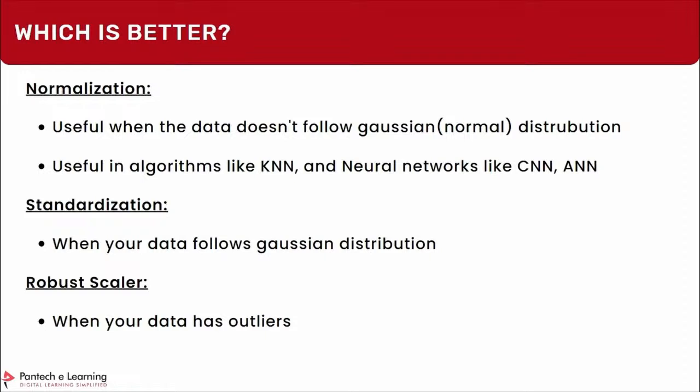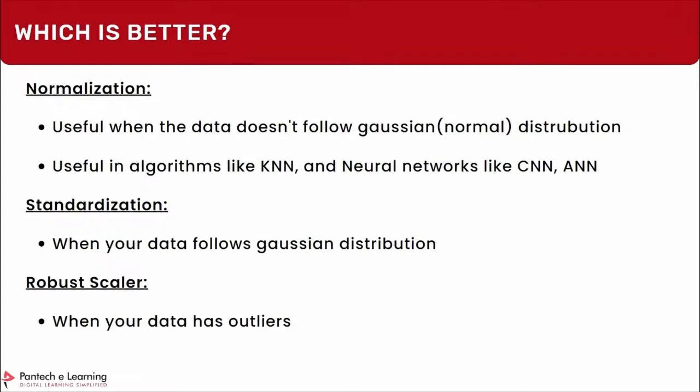We'll be discussing Gaussian distribution in a later part. So if your data is not in the shape of a bell-shaped curve when you plot and see it, then you can proceed with normalization. It is also useful in algorithms like KNN or neural networks.